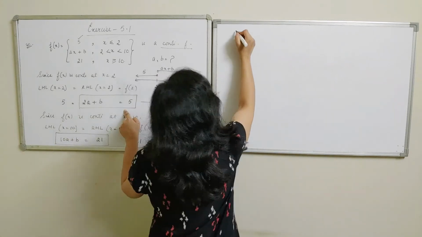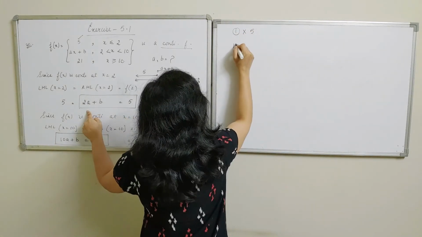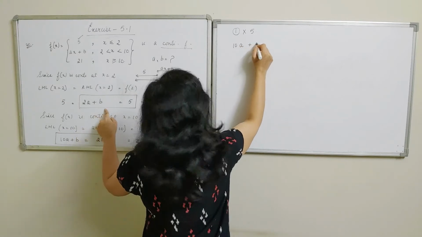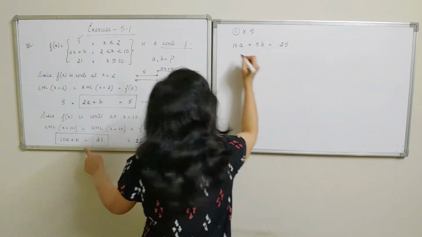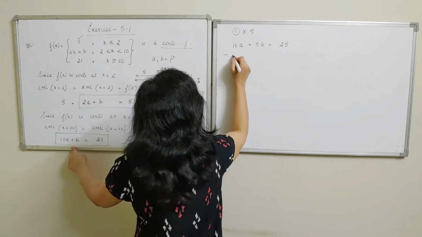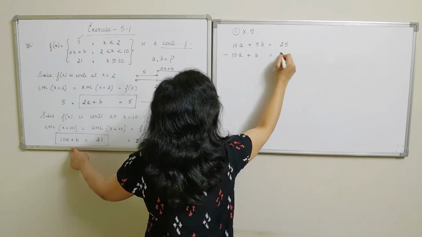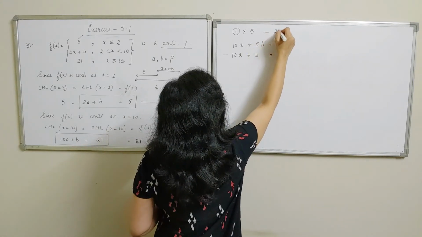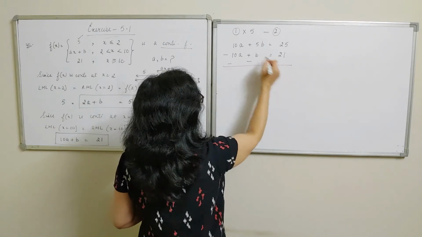So now our next step is to solve equations 1 and 2. Let us multiply the first equation by 5. So we get 10a plus 5b is equal to 25. And from this, let's subtract the second equation, 10a plus b is 21. When you subtract, you change the signs.